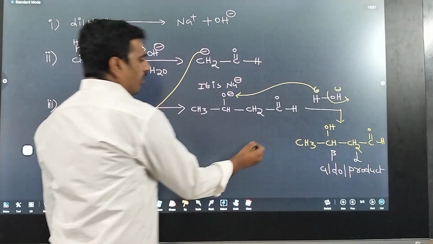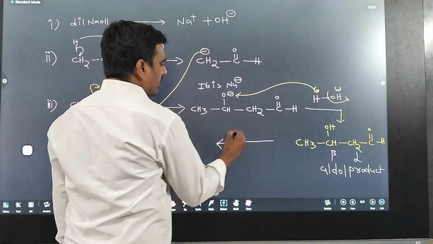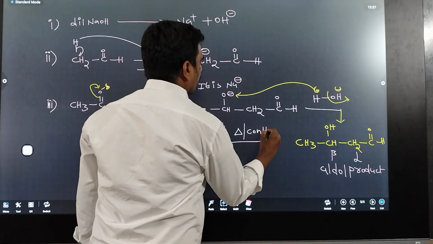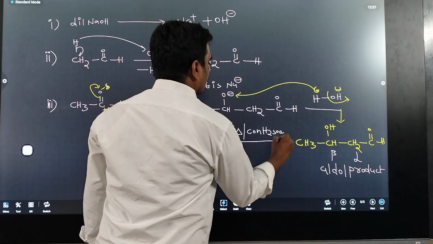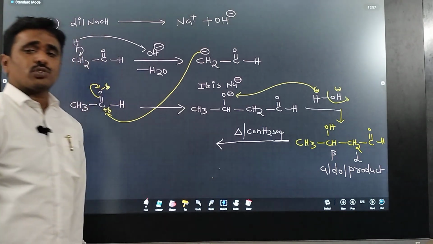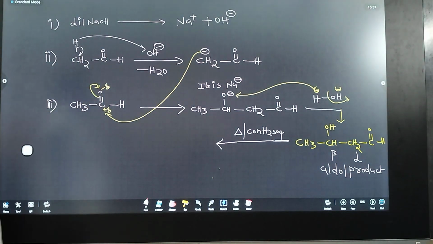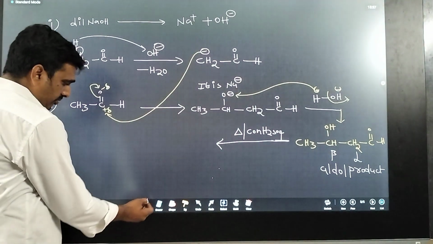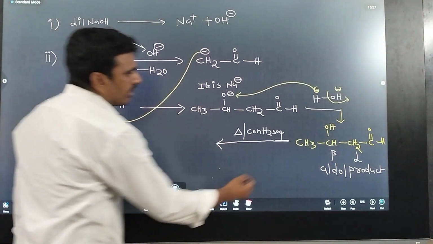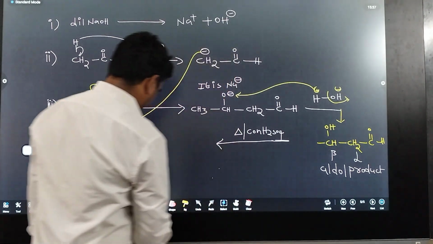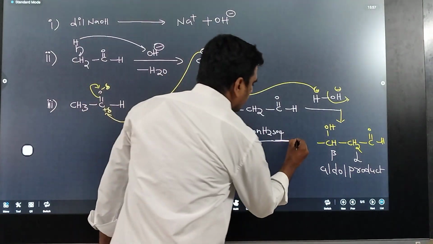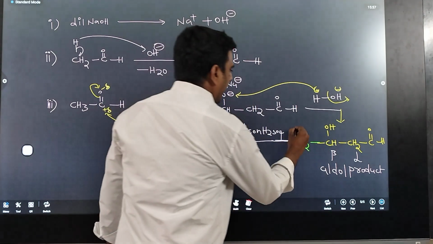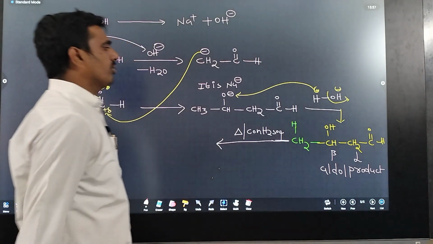So then now I am using concentrated H2SO4 or heat. So concentrated H2SO4 acts as a dehydrating agent. So here I can write this as CH2, CH.